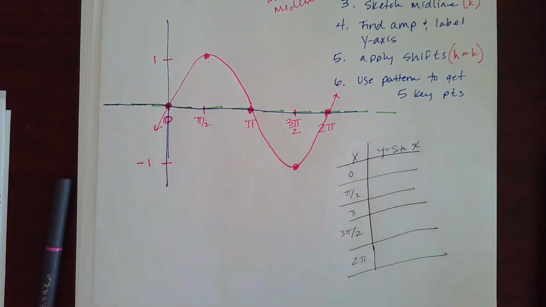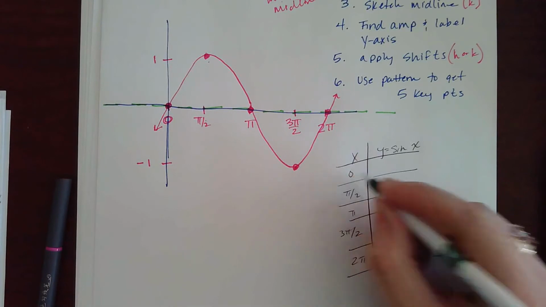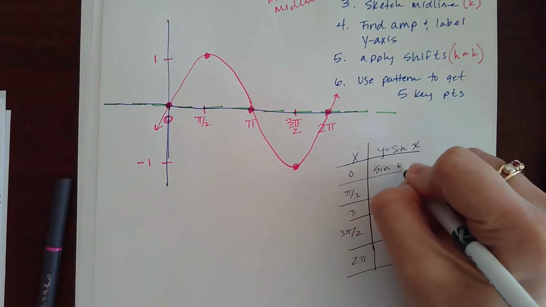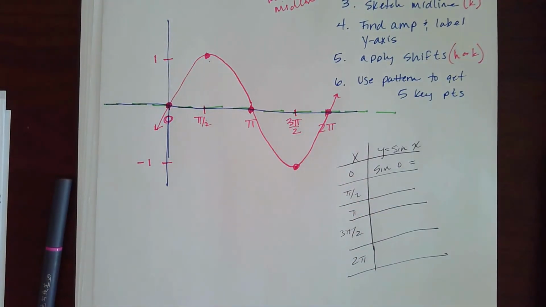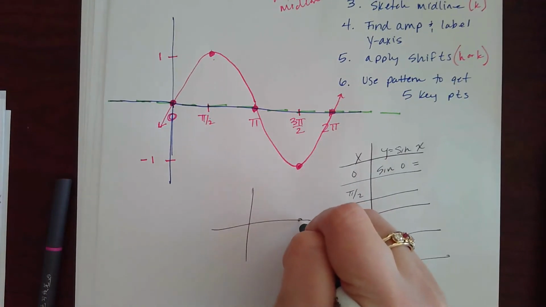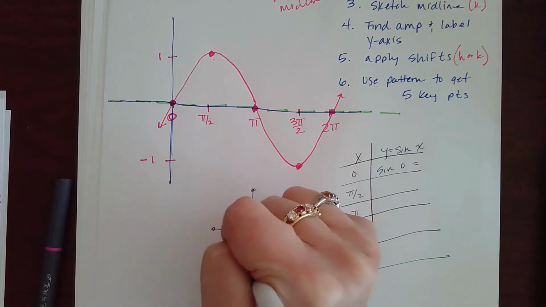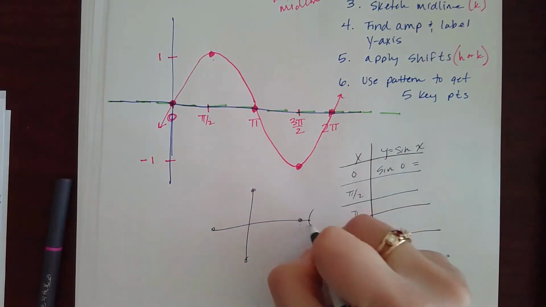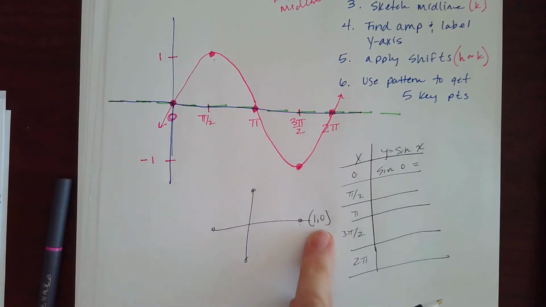What I mean by that is when we plug in 0, you're taking the sine of 0. So think back to your unit circle. At 0 degrees, this is the point (1, 0). What is your sine or y value at 0? You get 0.